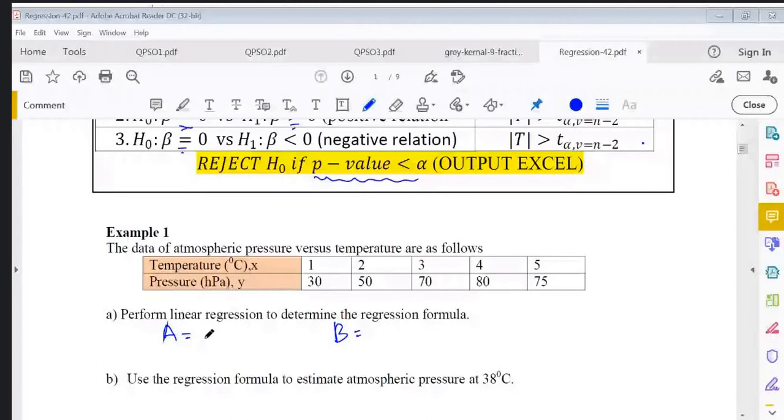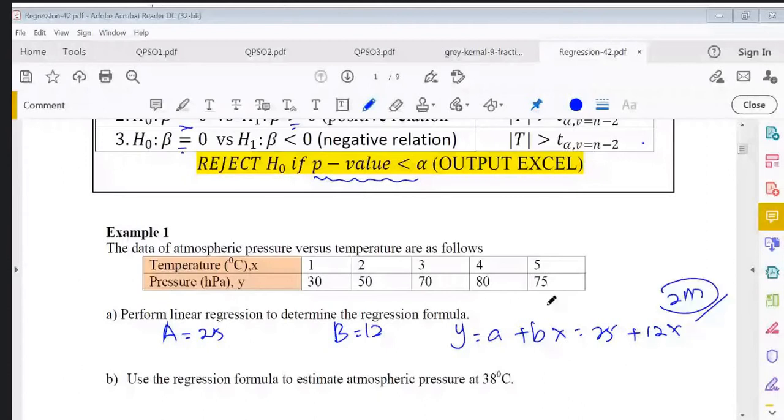The regression line is y equals A plus Bx, equal to 25 plus 12x. If A is correct and B is correct, you get 2 marks.